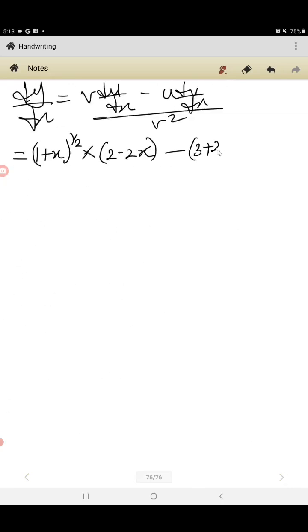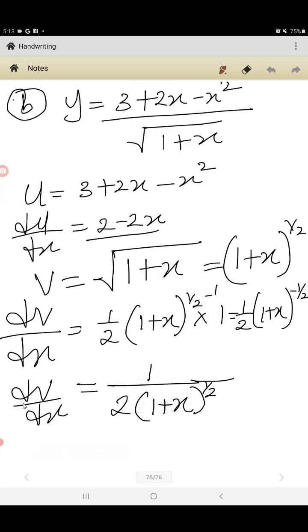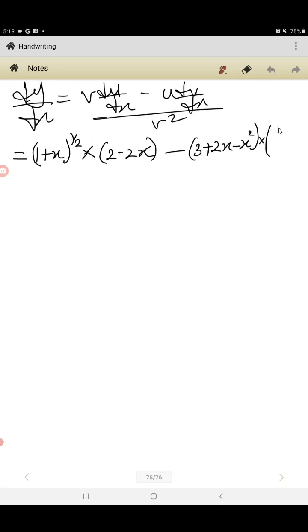3 plus 2x minus s squared multiplied by. So dv dx is 1 over 2 onto 1 plus s raised to power half.